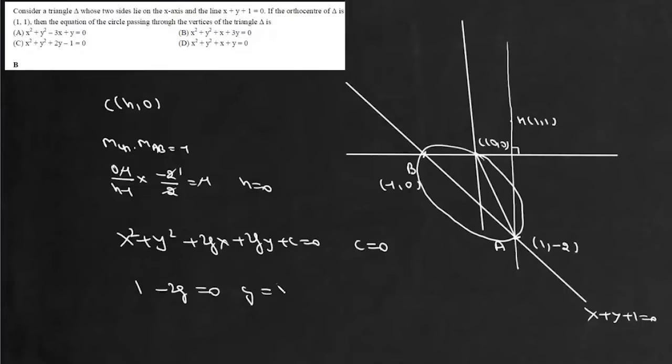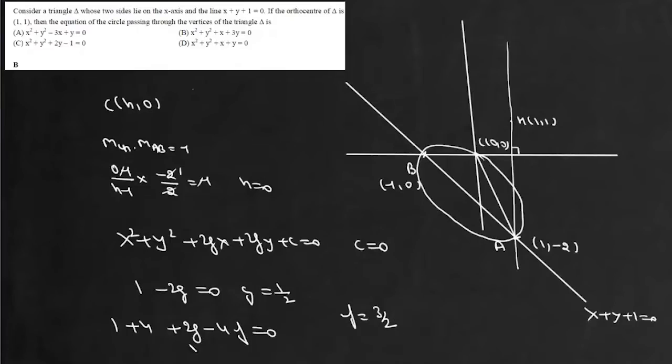So the value of g is 1 by 2. And if we put 1, minus 2, we'll get 1 plus 4 plus 2g minus 4f equals 0. Now 2g is 1. So 4f will be equal to 6, so the value of f is 3 by 2.